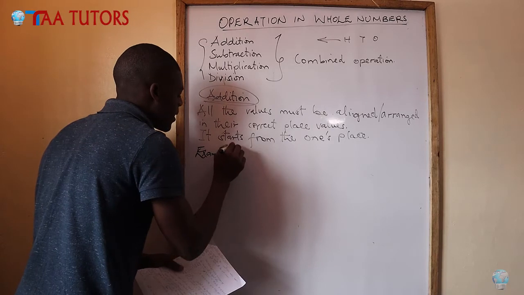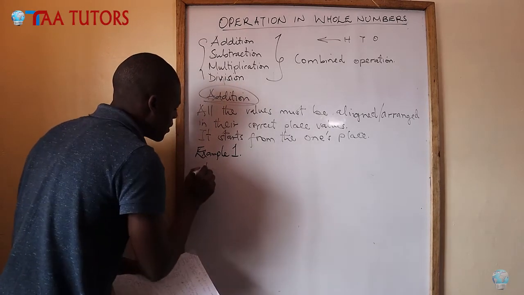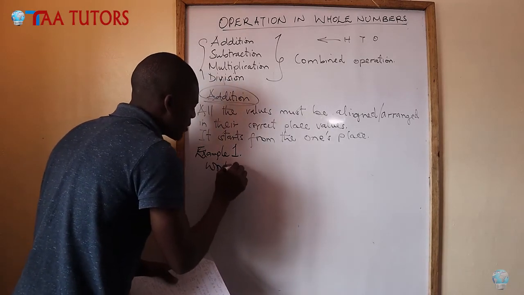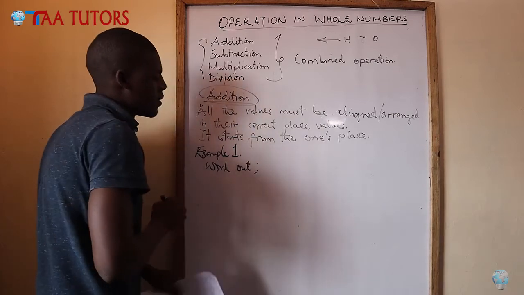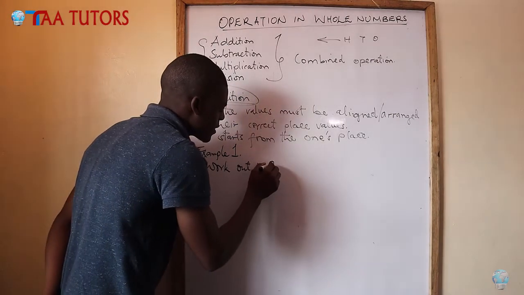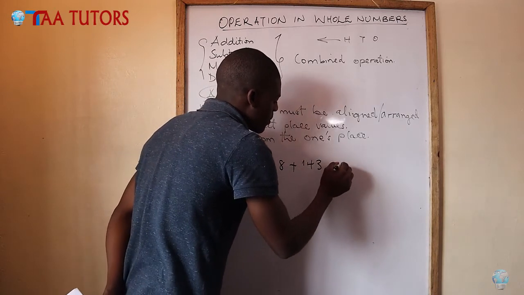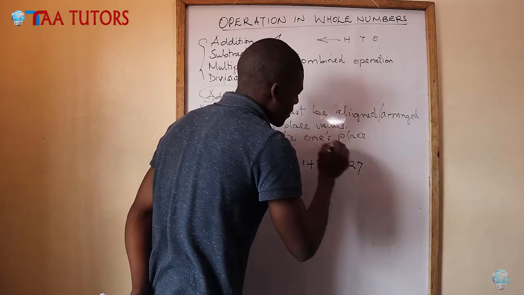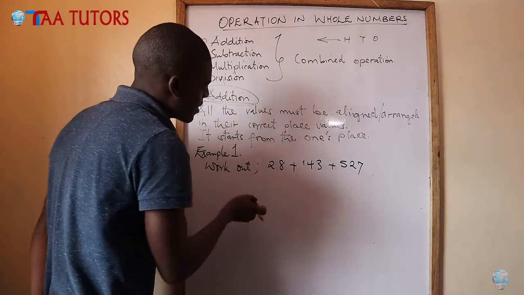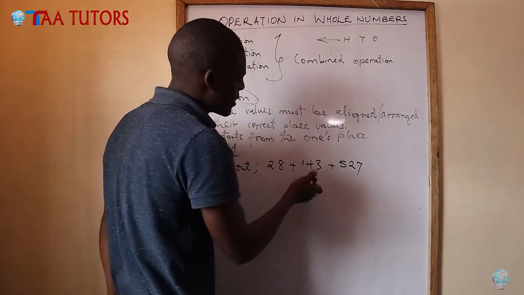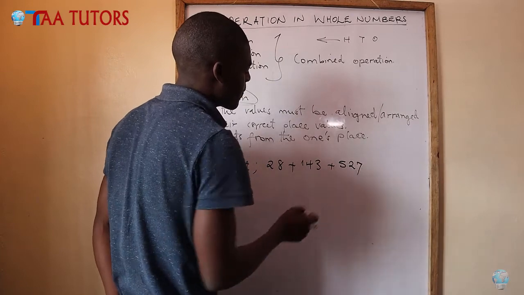That is example 1. Work out: we have 28 plus 143 plus 527. We can see that 28 has 2 digits, and these ones are 3 and also 3.